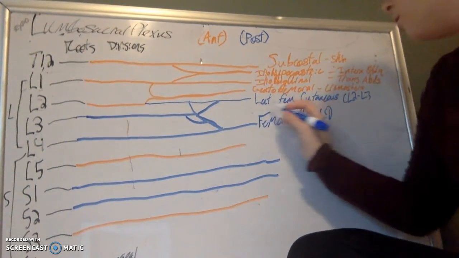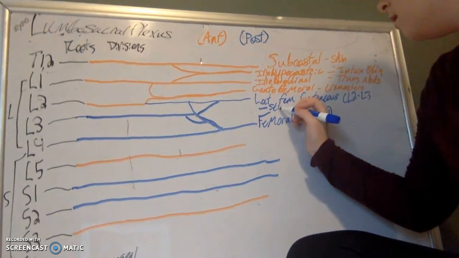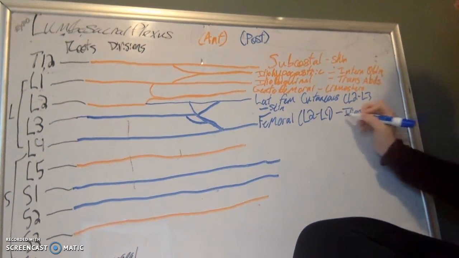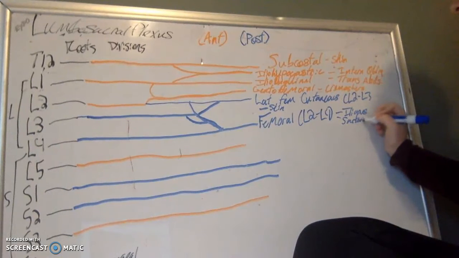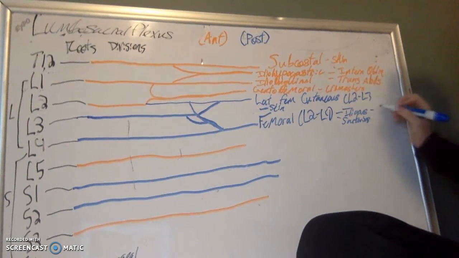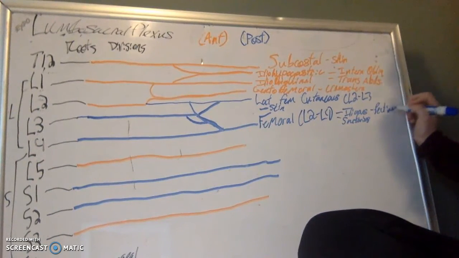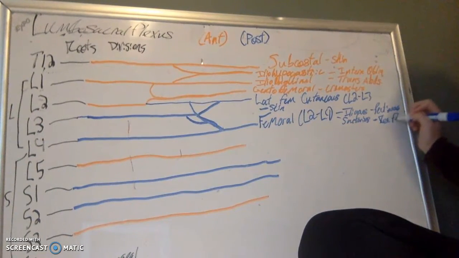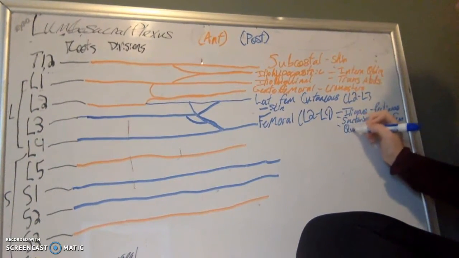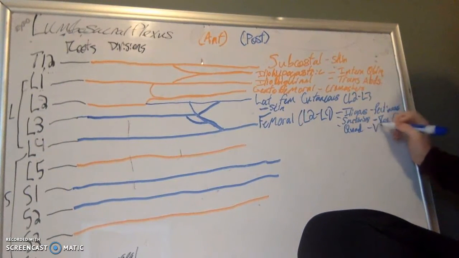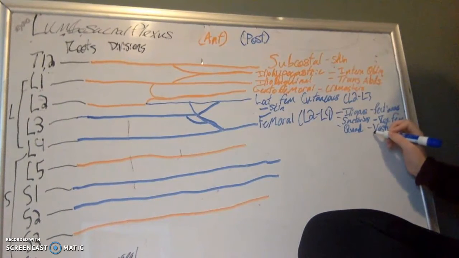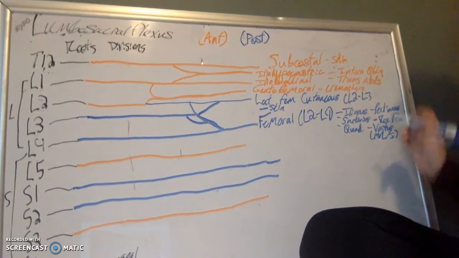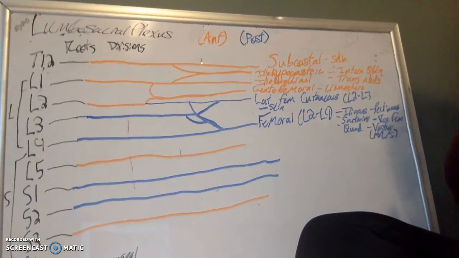And the lateral femoral cutaneous is going to innervate the skin. And then the femoral nerve is going to innervate the iliacus, the sartorius, the pectineus, the rectus femoris, the quad muscles, and the vastus muscles, being the medial, the lateral, and then the intermediate. And that should be it.